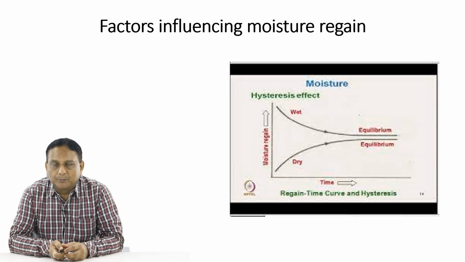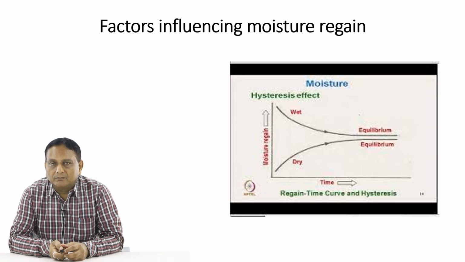Now, when you are talking about moisture, it is very, very important to consider the hysteresis effect. So how does it work? You can see in this hysteresis curve that if a completely wet sample is there and we try to evaporate the moisture from it, it takes a long time. So it is time dependent behavior.